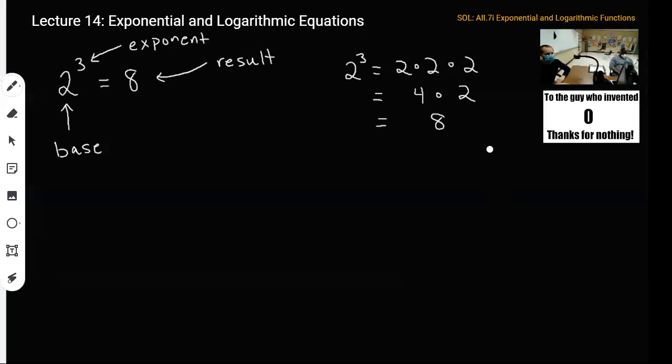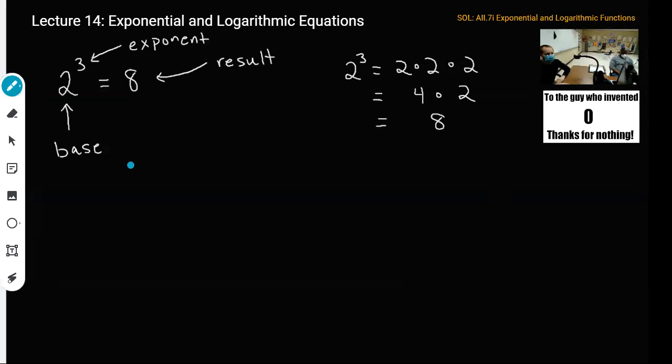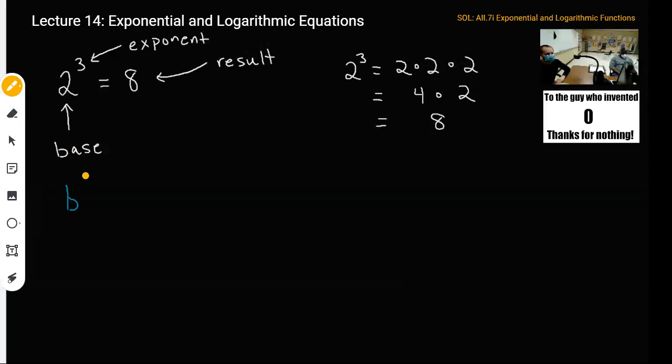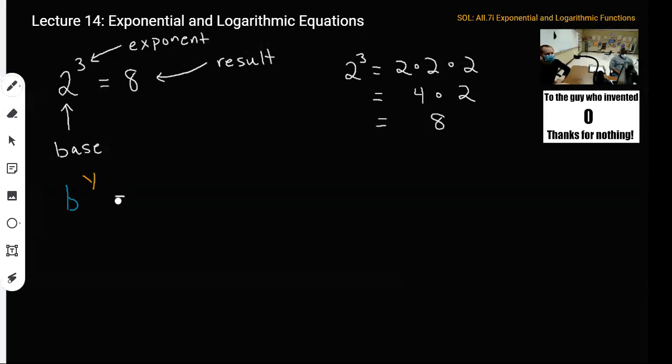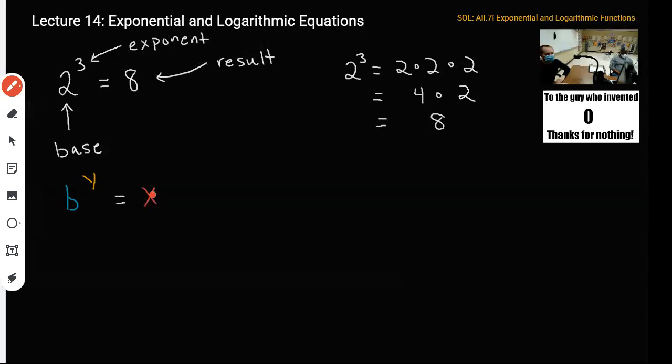So an exponential expression or an exponential equation is always going to have three things. There's going to be the base, which I'll put in blue. There's going to be the exponent, which I'll put in yellow up here. This is going to be b to the y power. And then on the other side of the equal sign, you're going to have what's called the result. And in this case, I'm going to put an x.